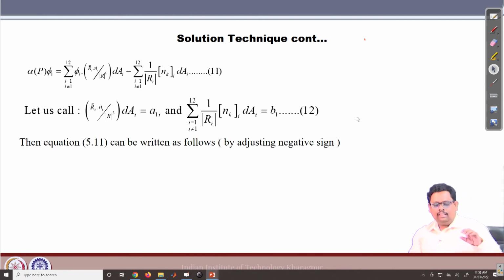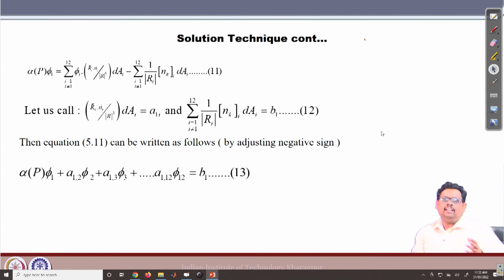Then this equation, this form, this alpha p and so on, is equation 11. Now, if you adjust the sign, you take this sign inside the integral component, inside the b1. And also inside the a1 you can adjust the minus sign, because I need everything in the classical way, like a1 x1 plus a2 x2 plus a3 x3, so linear equations. So, everything is an additive term, right.